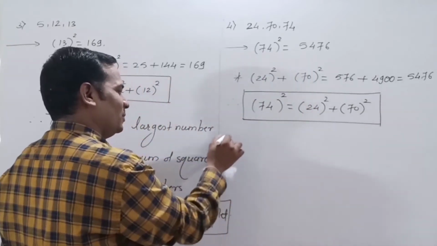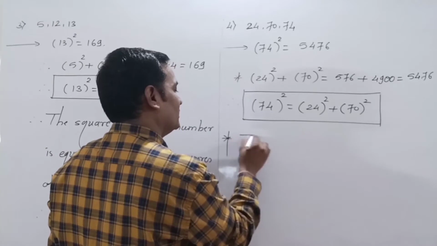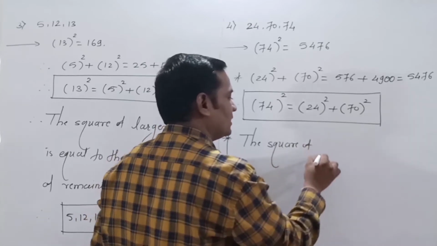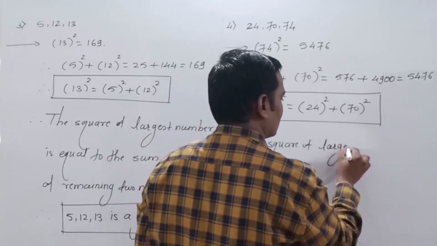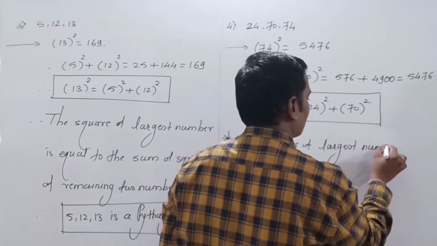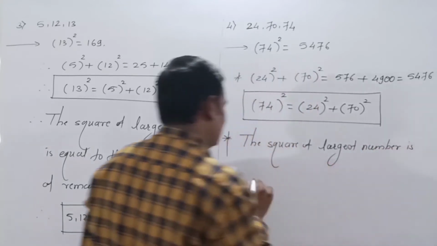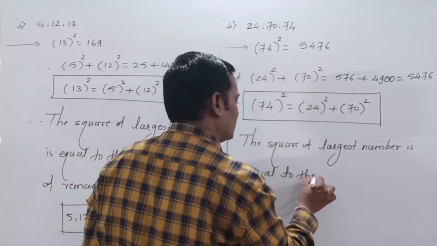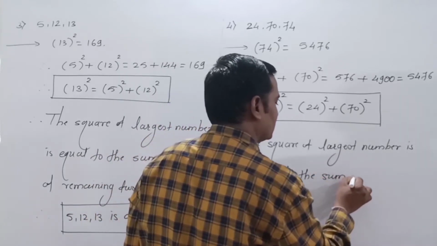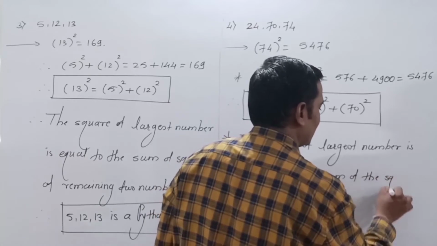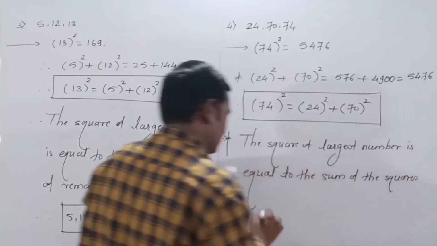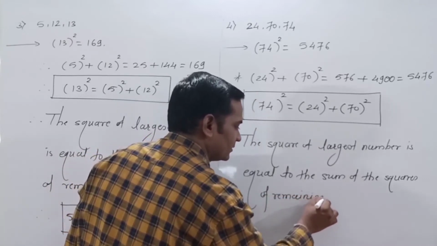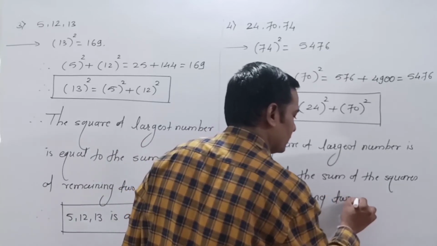So therefore we can say here the square of the largest number is equal to the sum of the squares of the remaining two numbers.